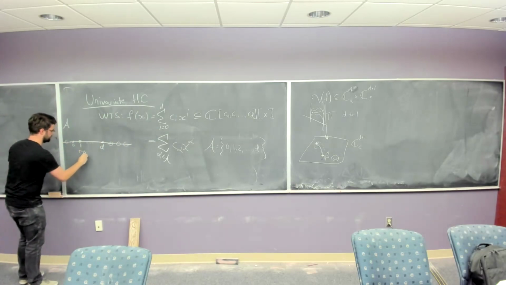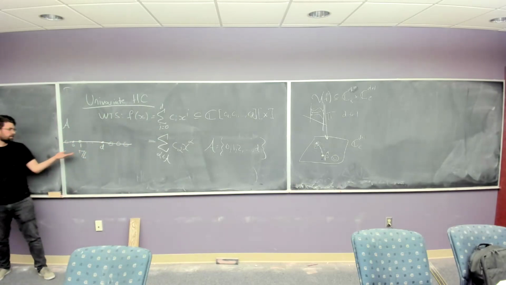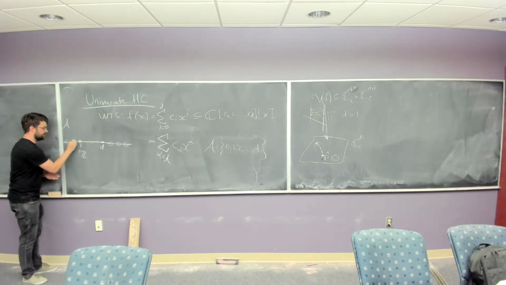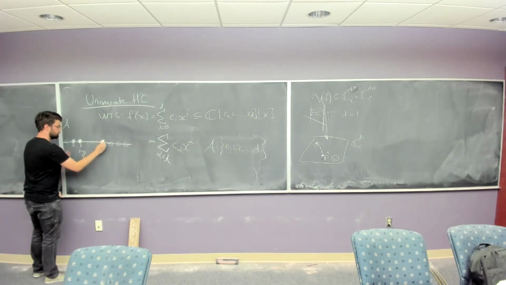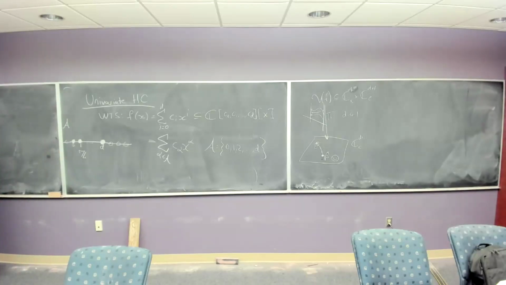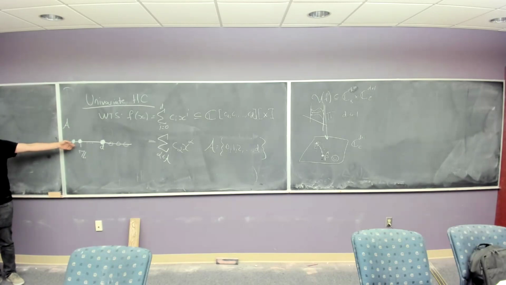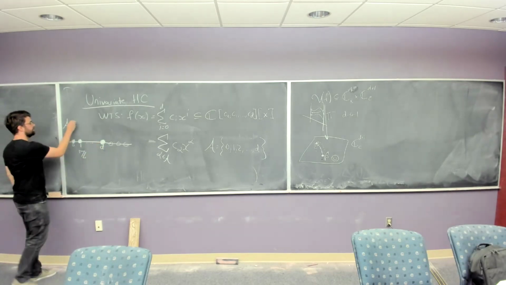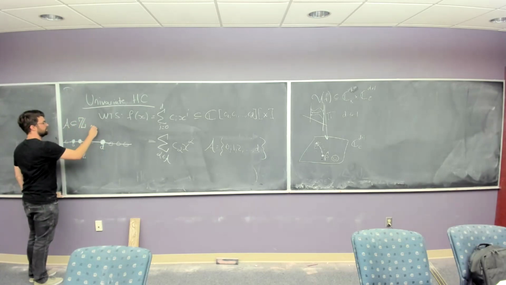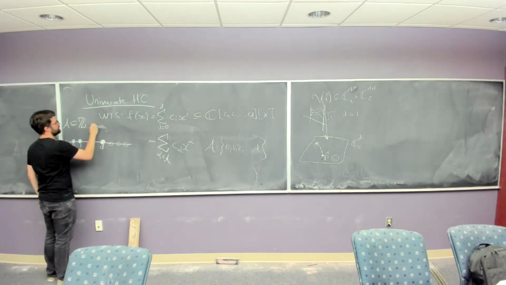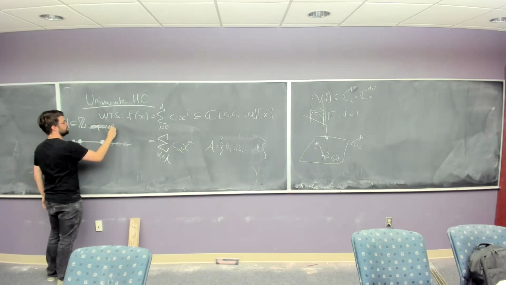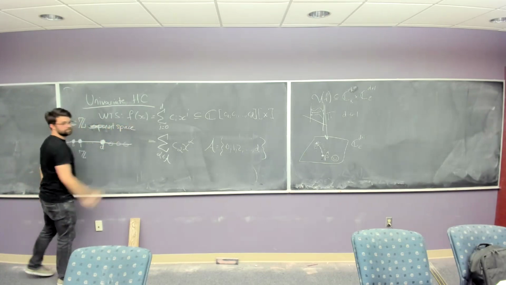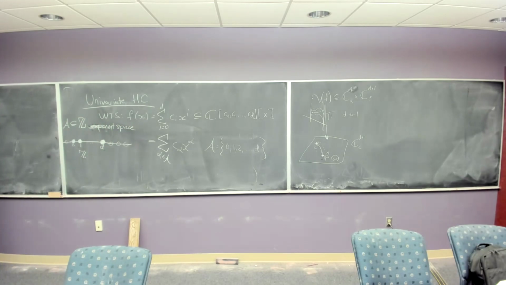It's a copy of the integer lattice, and I've shaded in the elements of script A. So this corresponds to the constant term, this corresponds to the coefficient of x, all the way to the coefficient of x to the d. This is my monomial space. Let's call it exponent space.